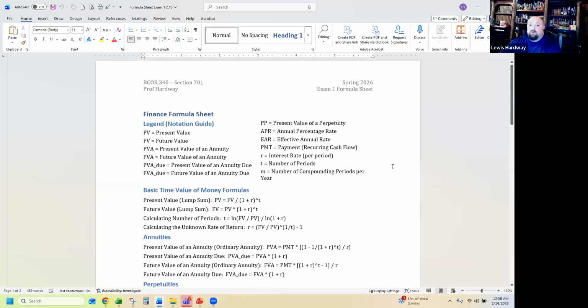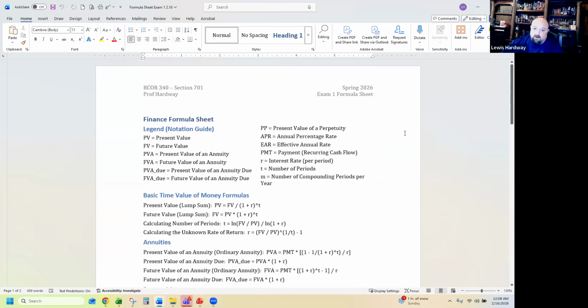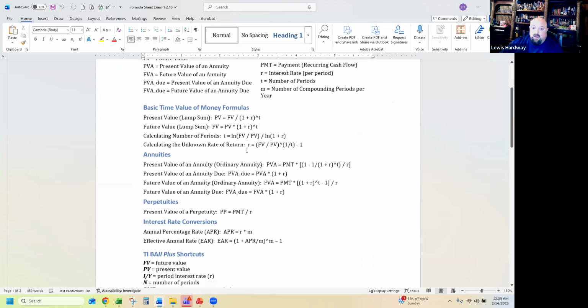So I've actually tried to give you guys a lot of stuff here. I put together this notation guide where I've shown how things are abbreviated down below. So if you don't know what something is, you can look it up.